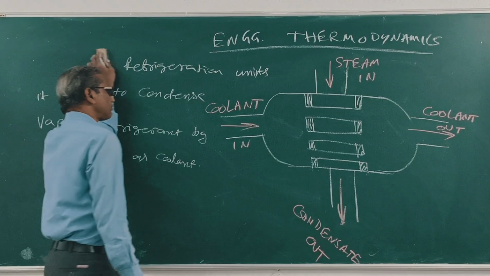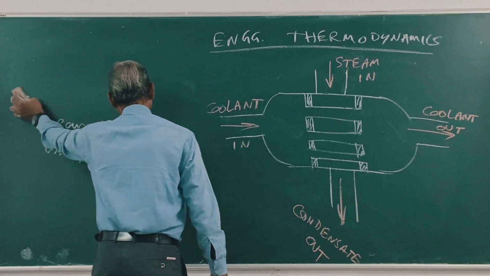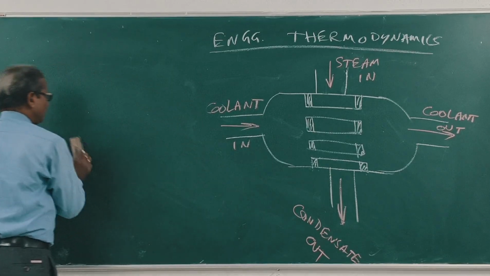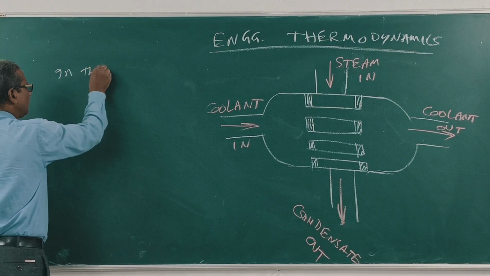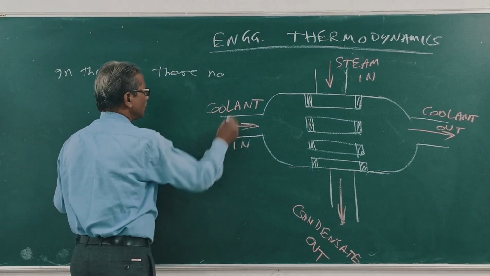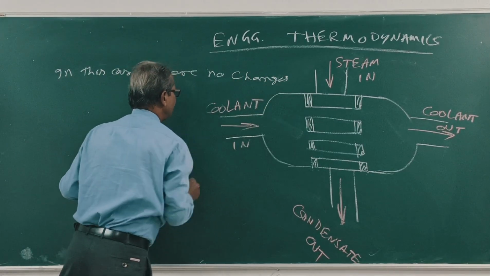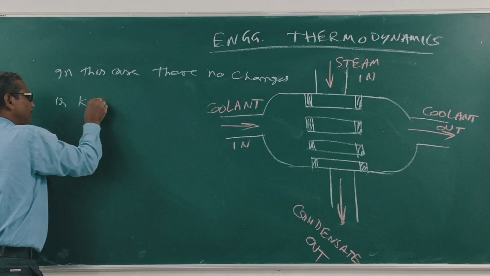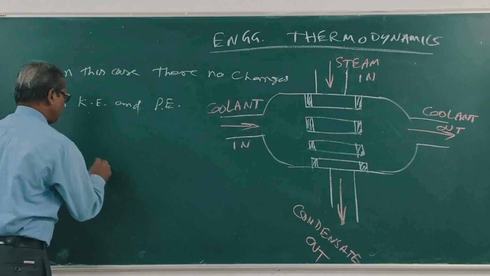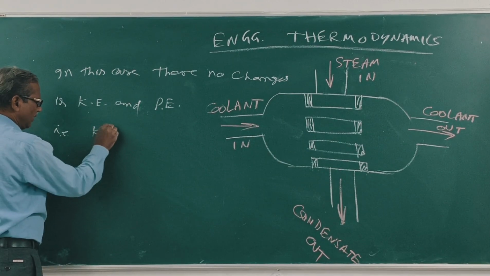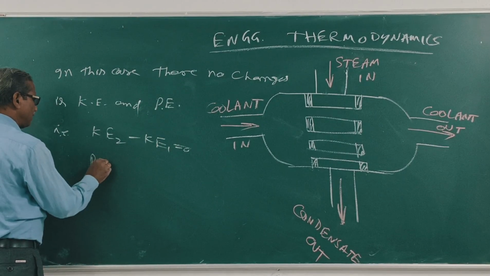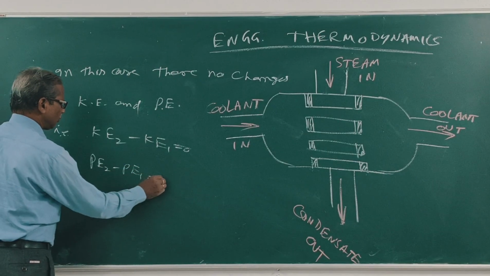In this case, there are no changes in K and P. That is, K2 minus K1 is equal to 0, P2 minus P1 is equal to 0.